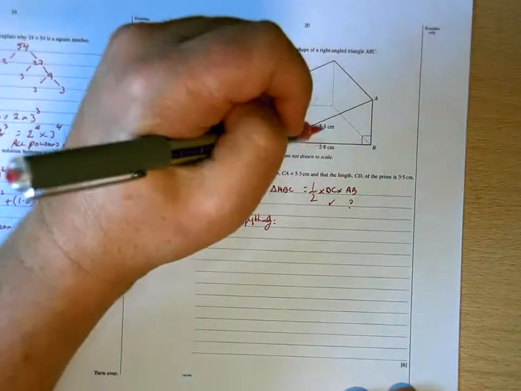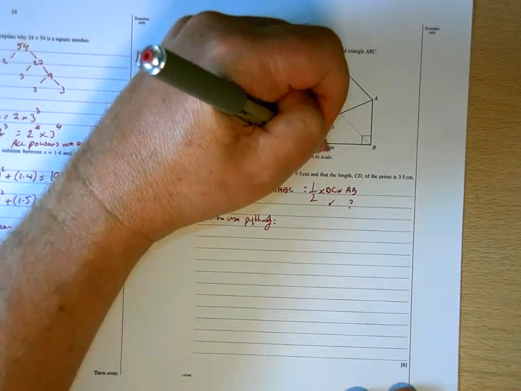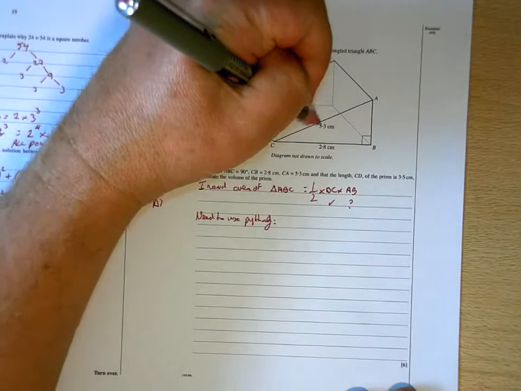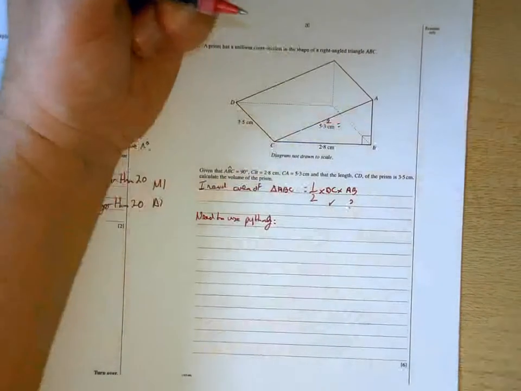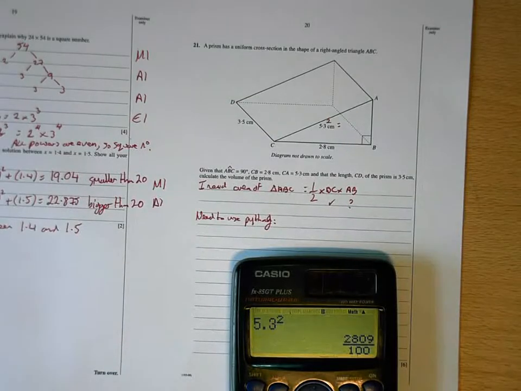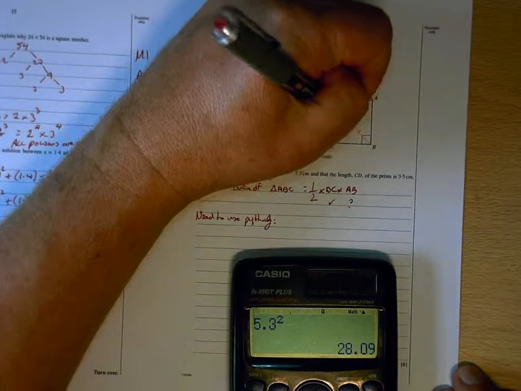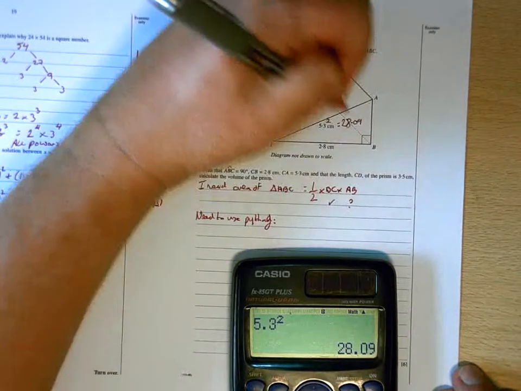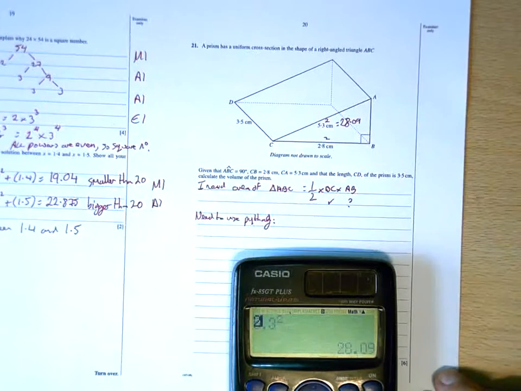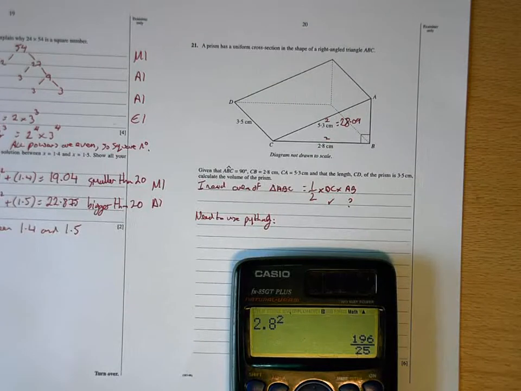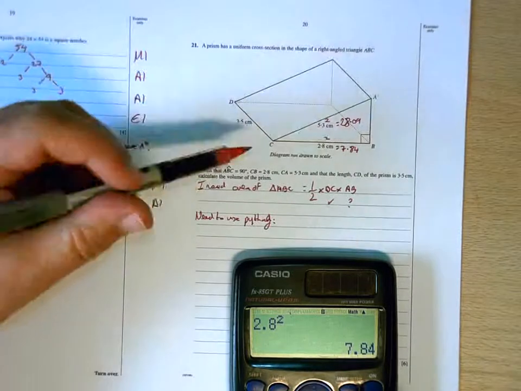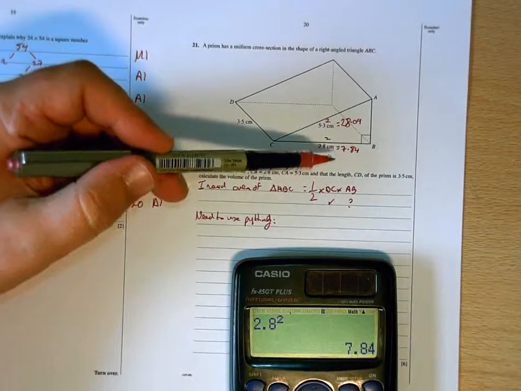So first of all, on the triangle, just deal with it. 5.3 squared is 28.09. 2.8 squared is 7.84. So I'm going to have to take those squares away because I'm trying to find a shorter side.